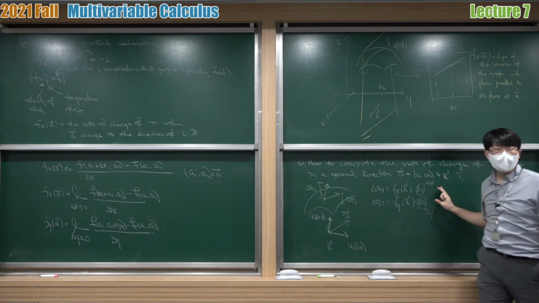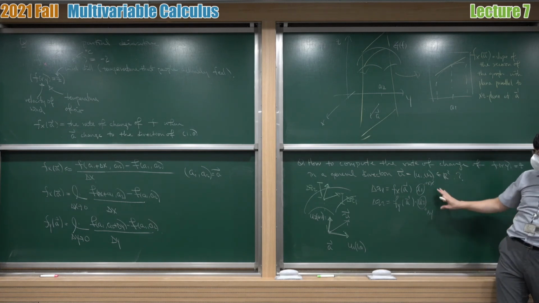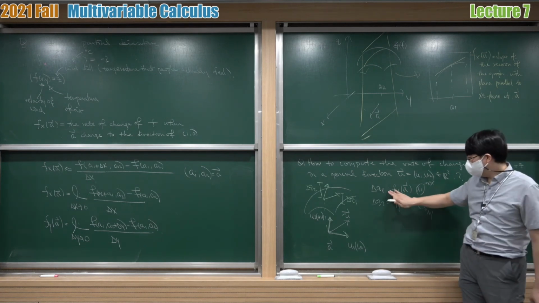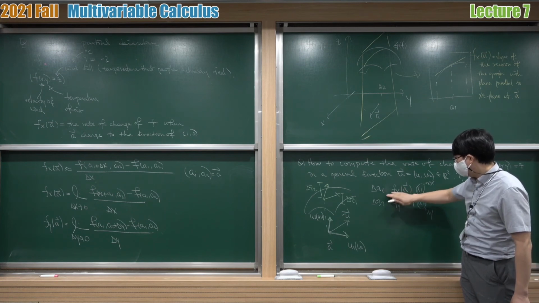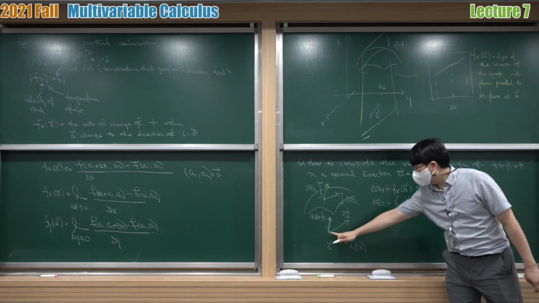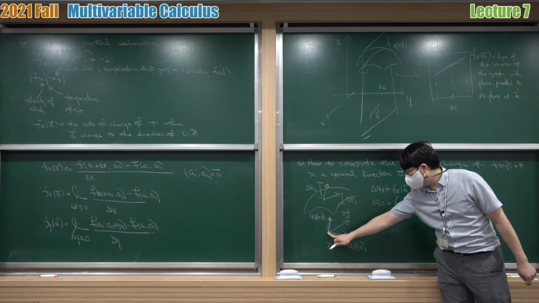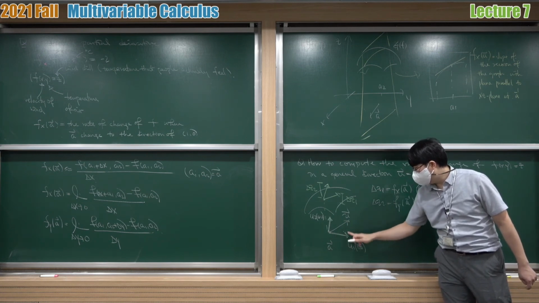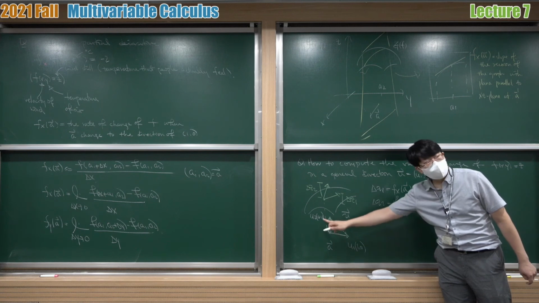That's how I make it into equations. More precisely, this is equal, okay? When I move from A in the direction of u, I have to add these vectors together.